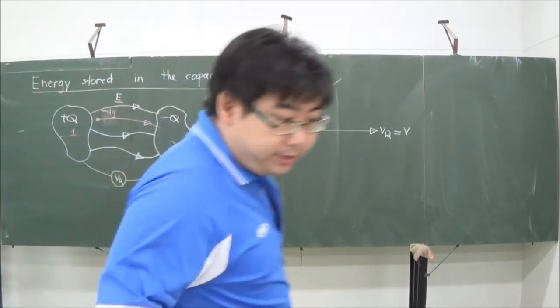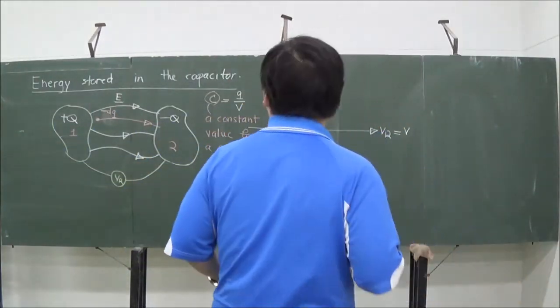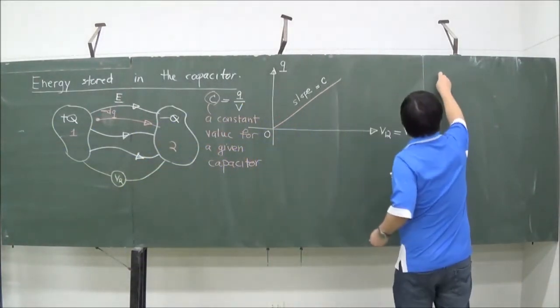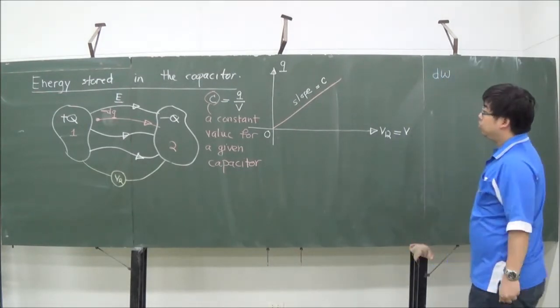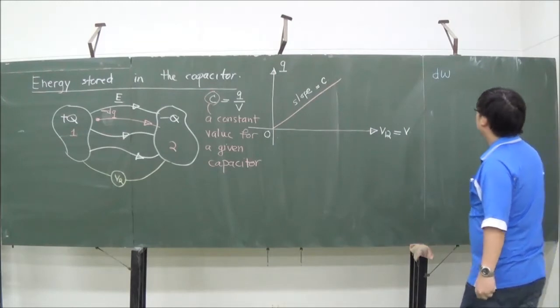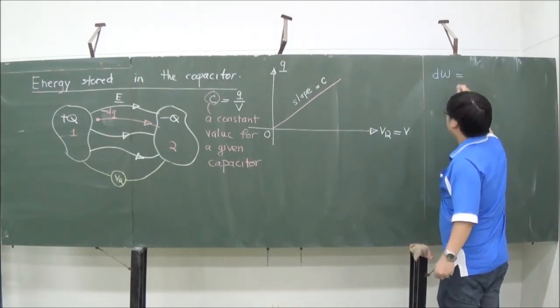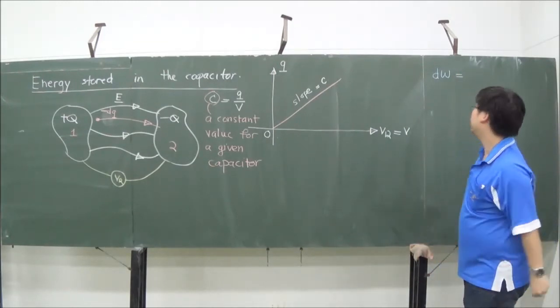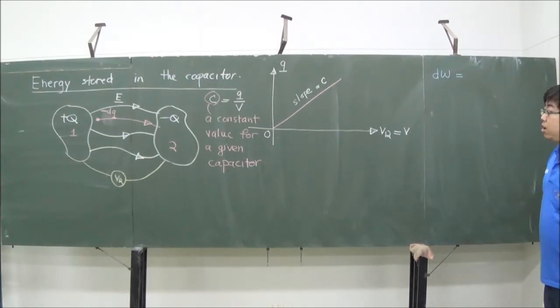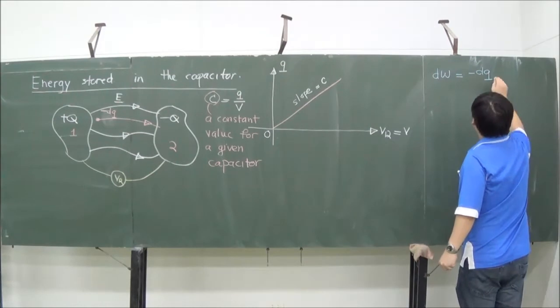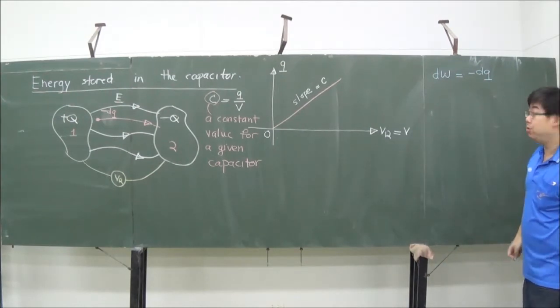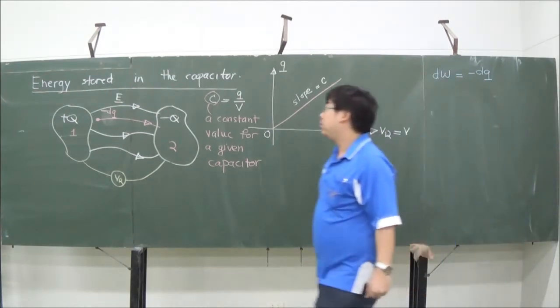And this work done, dW, is given by minus dq times the potential difference.